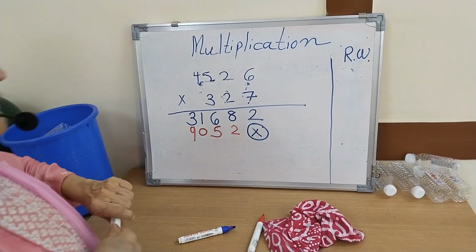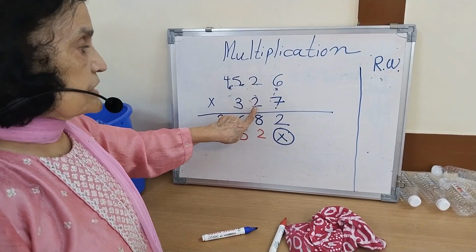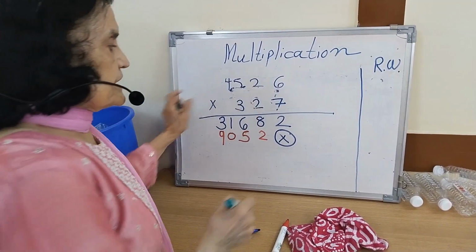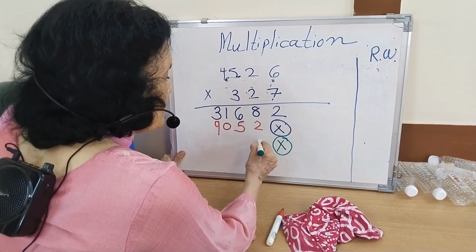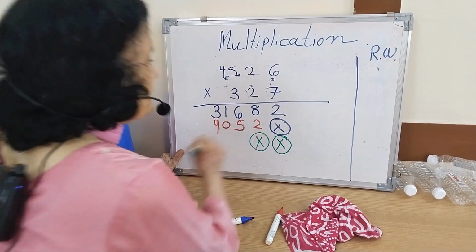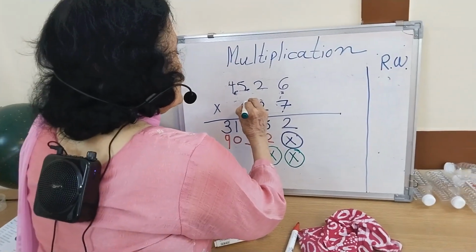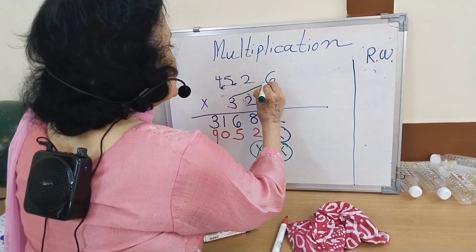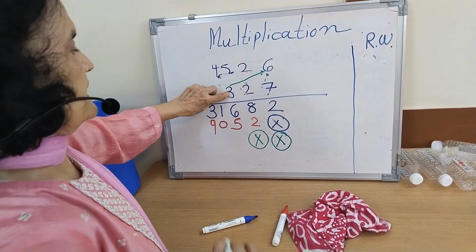Now we have to show that first this digit we have used, then we have already used this digit, and hence we put this symbol here, this symbol here. Now we are going to come on 3. So let there be a marriage between these two numbers first. 6 3s are 18.